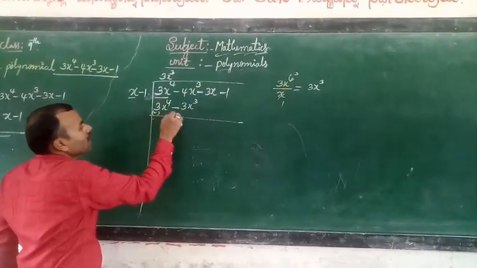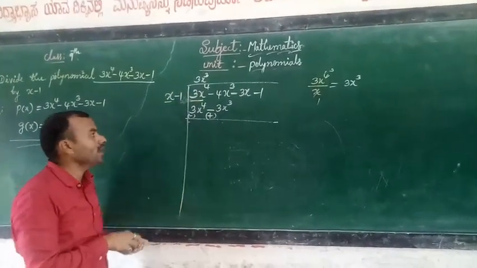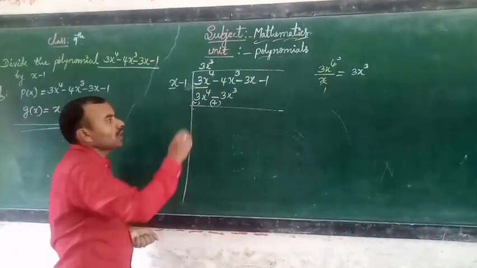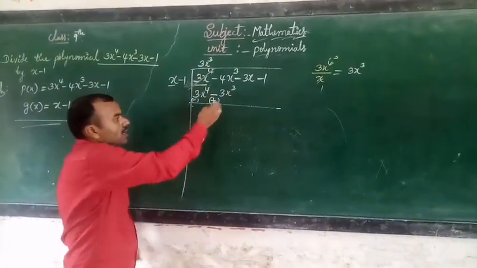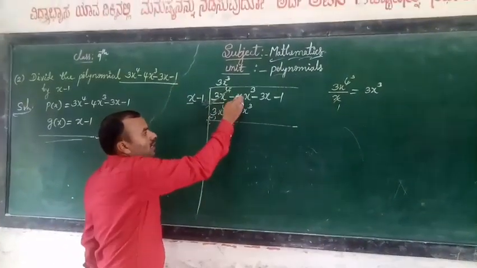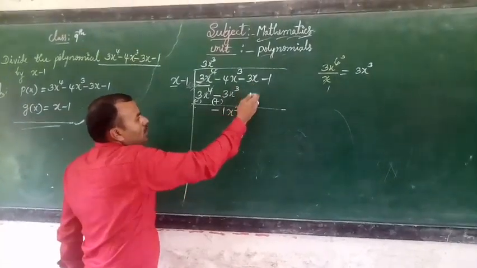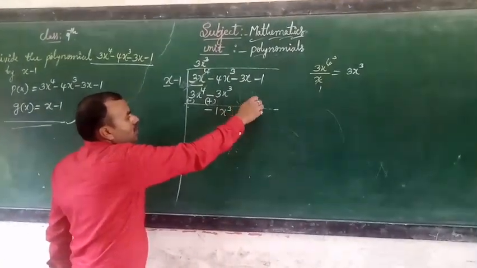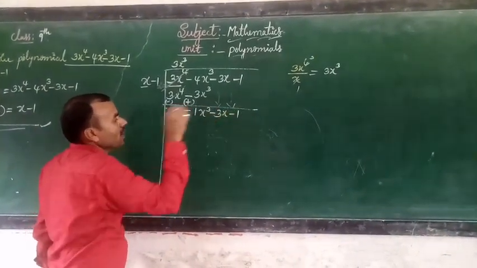Changing the sign, plus 3x to the power of 4 and minus 3x to the power of 4 get cancelled. Here plus 3x cube minus 4x cube, subtract, the bigger term is minus, so it is minus 1x cube. The remaining terms should be written in the next step: minus 3x minus 1.